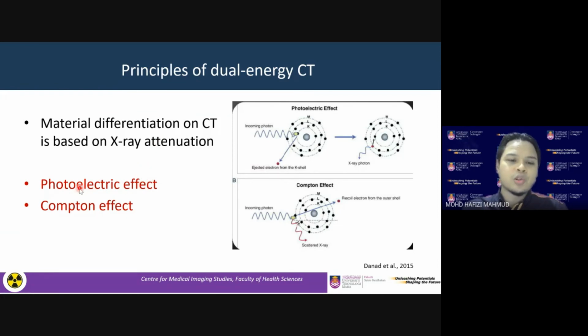The first one is the photoelectric effect, meaning that the radiation will be absorbed in the tissue. The second is the Compton effect, meaning that the radiation will be scattered from the tissue. It's not absorbed, but is scattered by the tissue. These are the two main interactions of radiation with tissue.